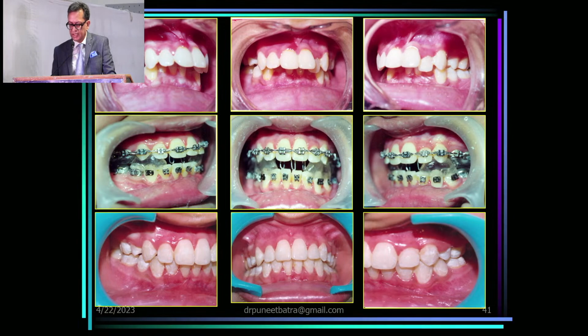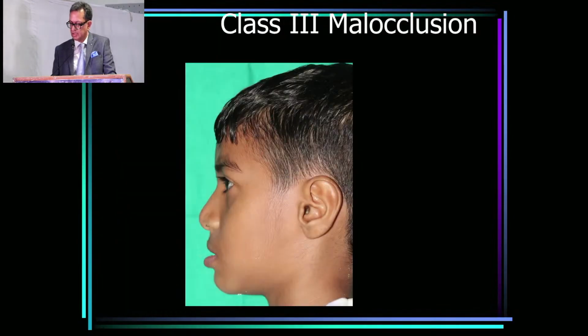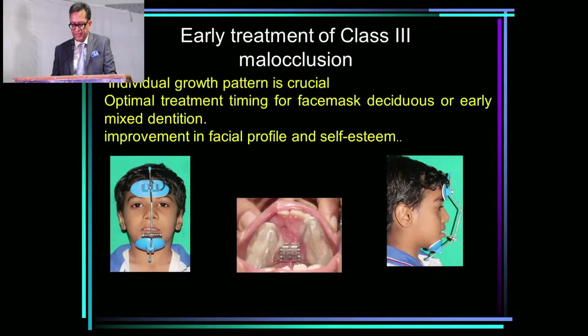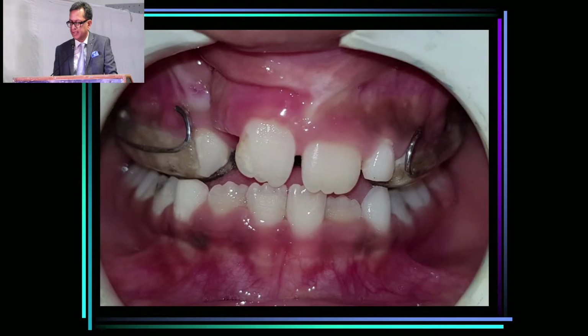What has happened? We've given a twin block appliance with tongue cribs, and these tongue cribs have restricted the tongue thrust habit of the patient. So what we have finally is really good occlusion, but more importantly, the musculature has totally relaxed.